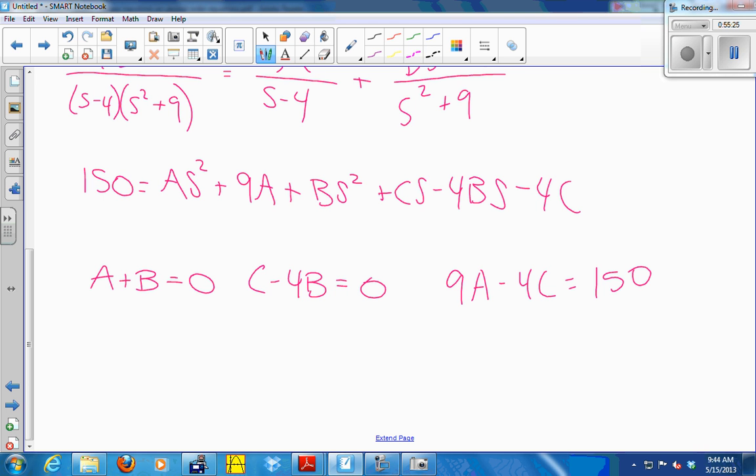Okay, so this was not set up that nicely for us. A equals negative b, and c equals 4b. So c equals negative 4b. No, sorry, negative 4a.